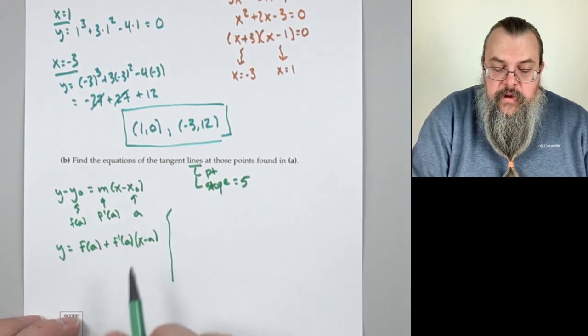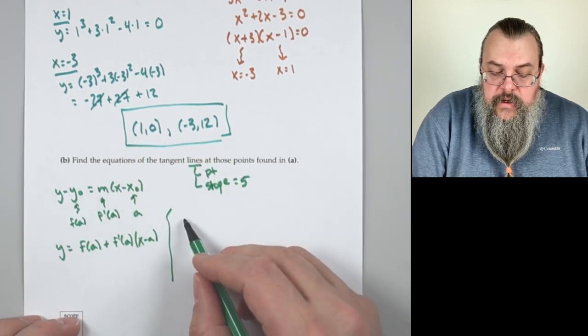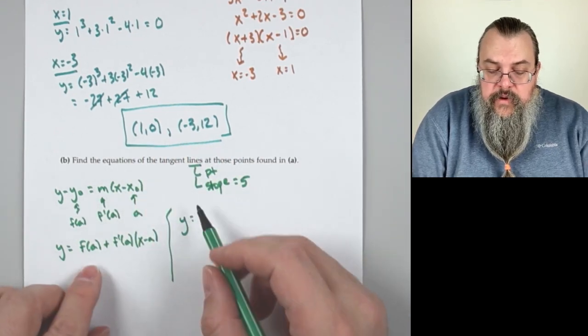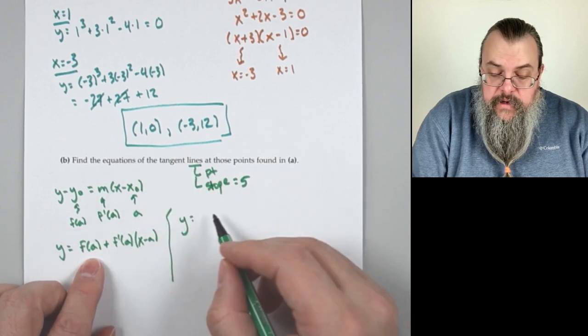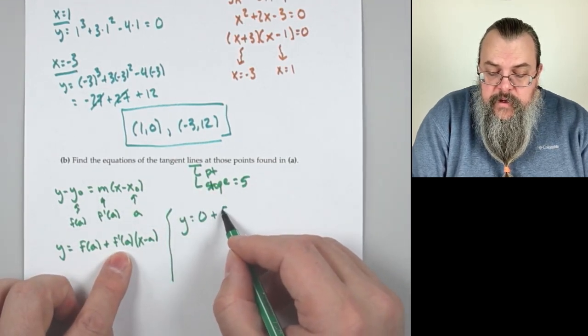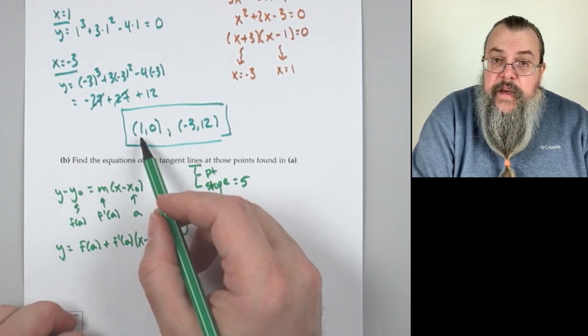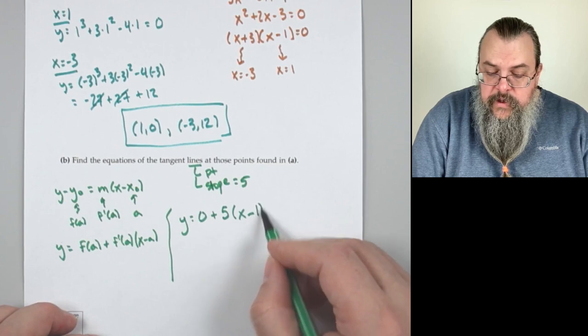So for us, if we start with (1, 0), we get y equals 0, the y value, plus the slope, 5, times x minus the x value, 1.